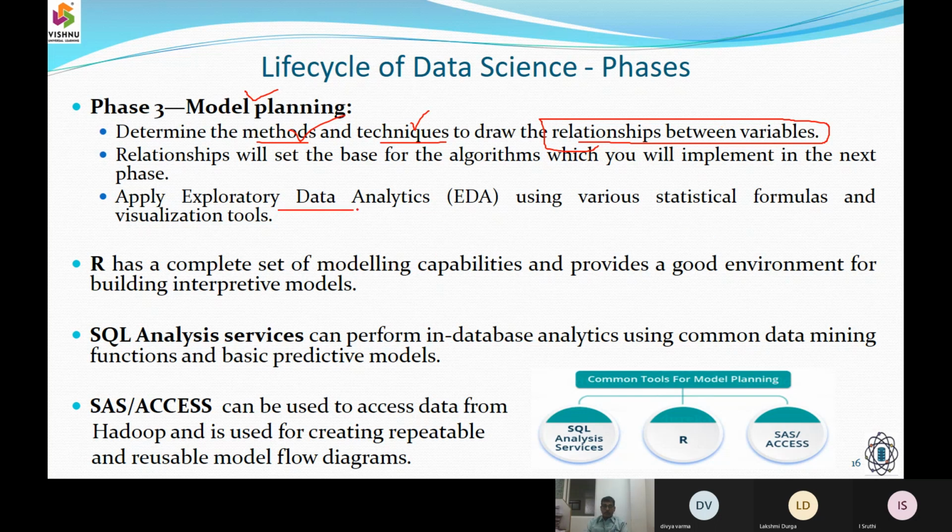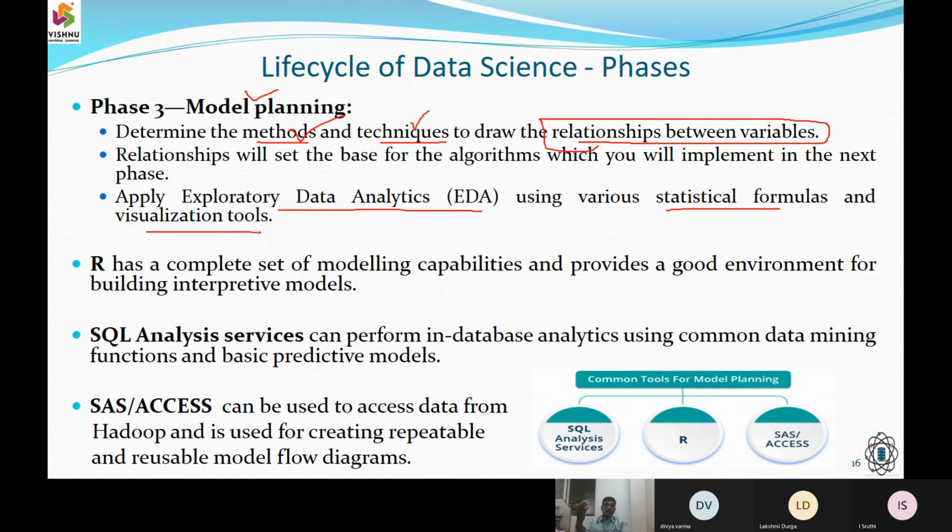Next comes exploratory data analysis. In this exploratory data analysis, the first and foremost intention is that we need statistical formulas and a visualization tool. With visualization, we put the initial state of a database or data set in visual form.